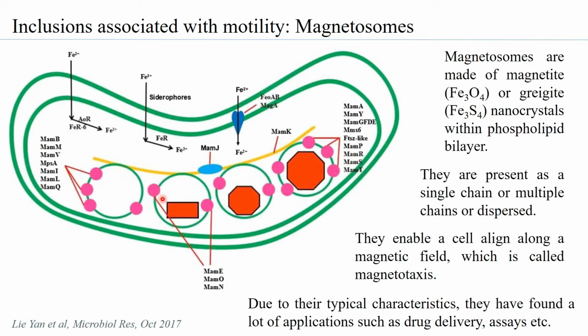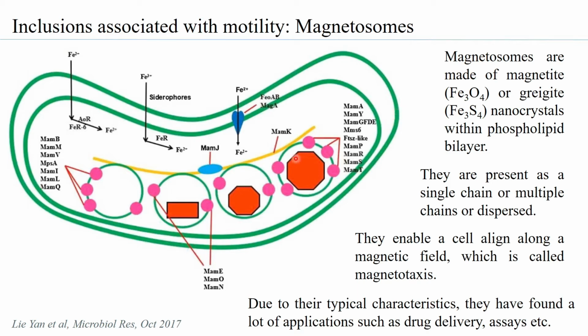Also, what is observed is that magnetosomes in bacteria can either exist dispersed or they can align themselves in a particular orientation. Now, this aligning in a particular orientation is again thanks to a set of proteins. How does this alignment help? Well, every magnetosome will act as a single magnetic domain, and the aligning of them in a particular orientation is dependent on the south pole and the north pole, the two poles of a magnet.